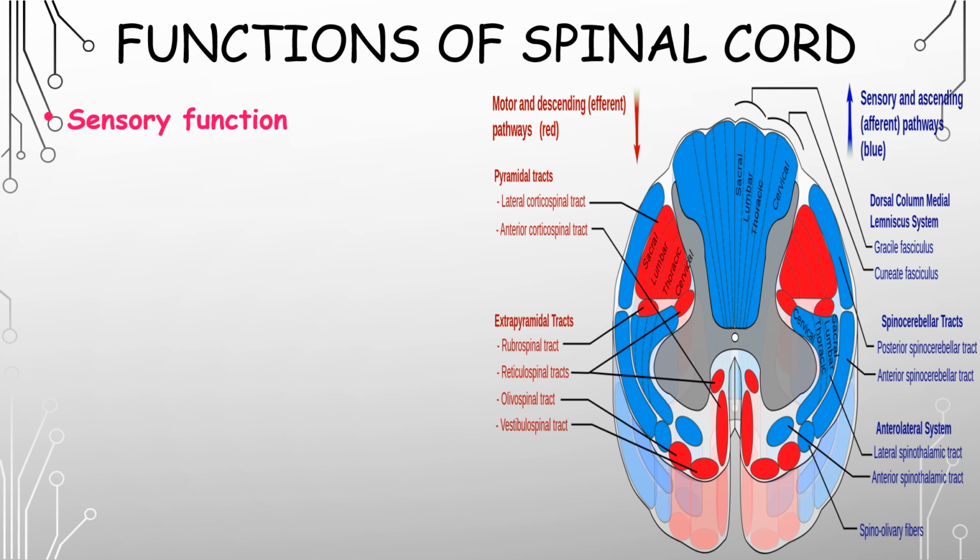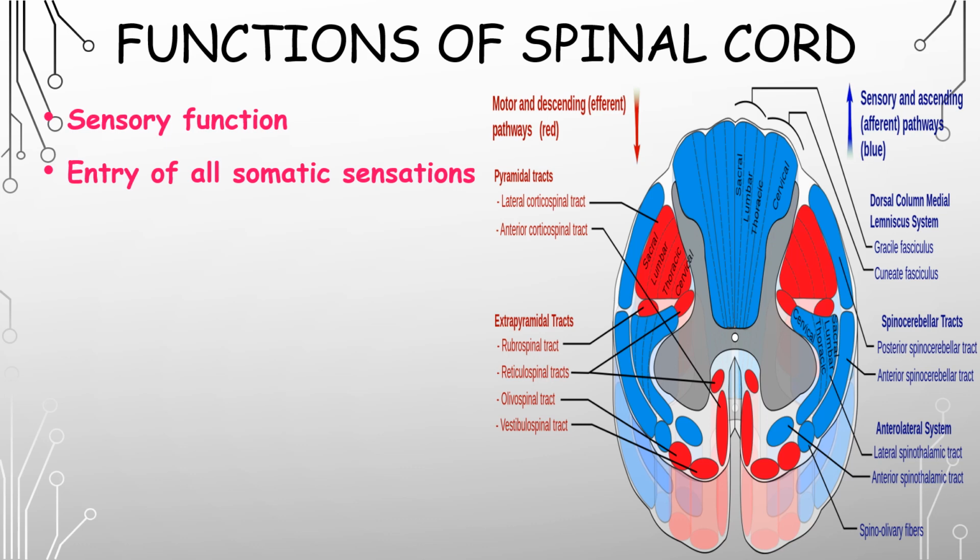The fibers mediating the thermal and pain sensation enter the spinal cord through the lateral division of the dorsal nerve root, and the fibers conveying all other sensory impulses like proprioceptive impulses, touch, deep pressure, joint sense, vibration, all enter the spinal cord through the medial division of the dorsal nerve root.